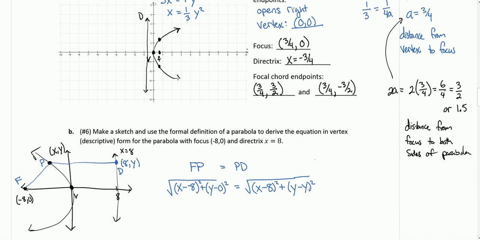So you're just plugging into the distance formula, square both sides, and you get (x + 8)^2 + y^2 = (x - 8)^2 + 0. So this is (x + 8)(x + 8) + y^2 = (x - 8)(x - 8).